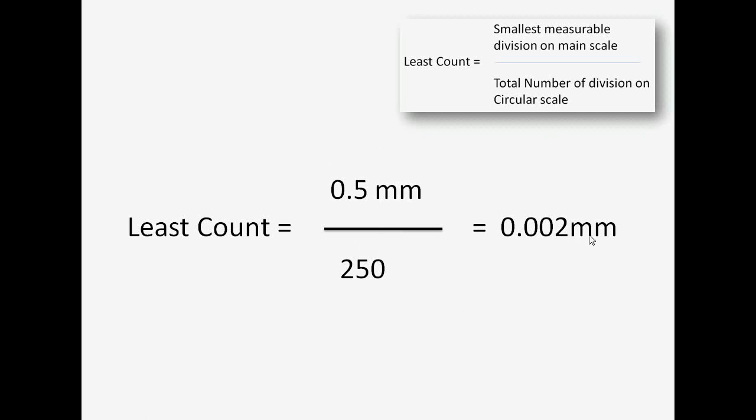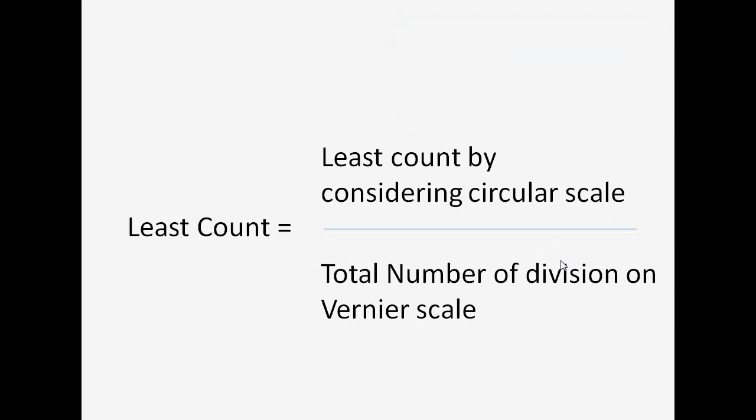If I'm considering only two scales, main scale and circular scale, up to the circular scale the least count is 0.002 mm. For circular scale calculation, you have to use this least count, 0.002 mm.